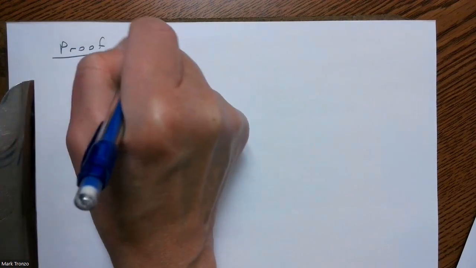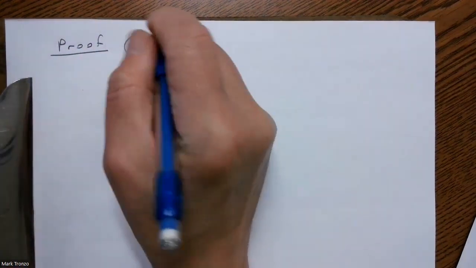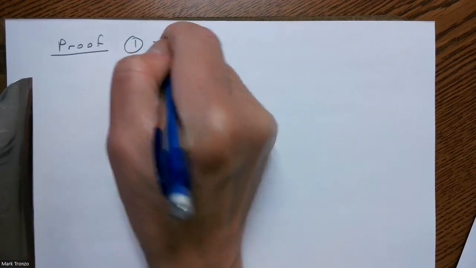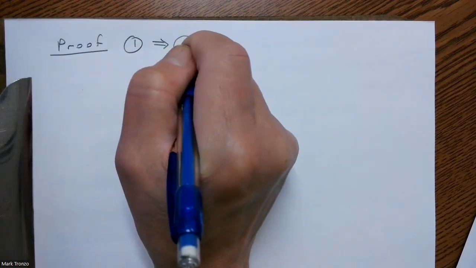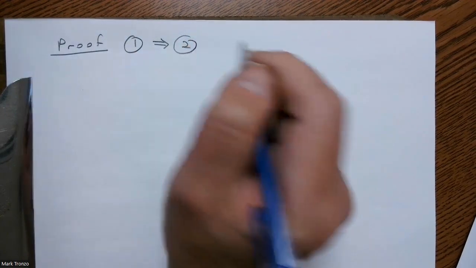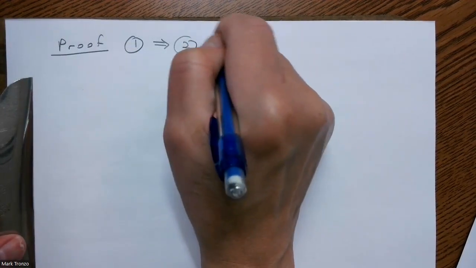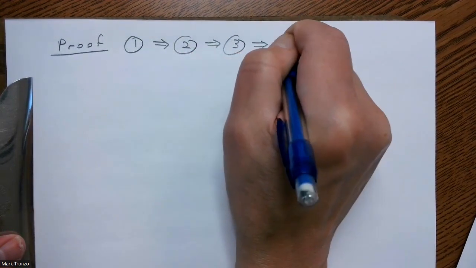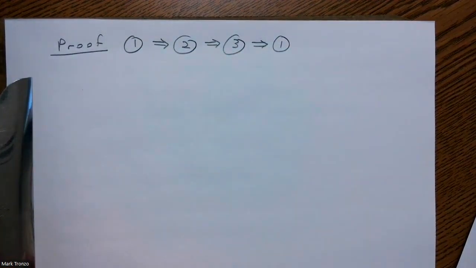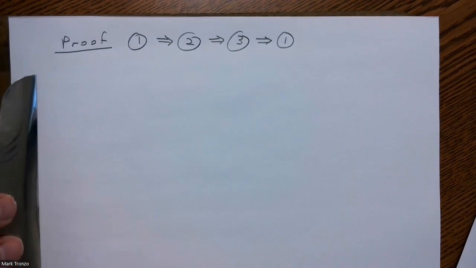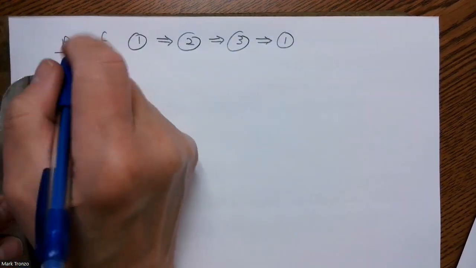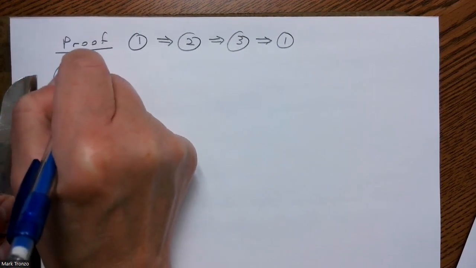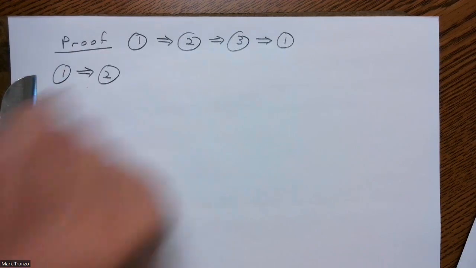We'll start with one and prove that if you assume one is true, then that implies two is true. And then if two is true, that implies three is true. And if three is true, that implies one is true. So we're going to show that these are equivalent that way. So the first one, we'll assume one is true and prove two is true.